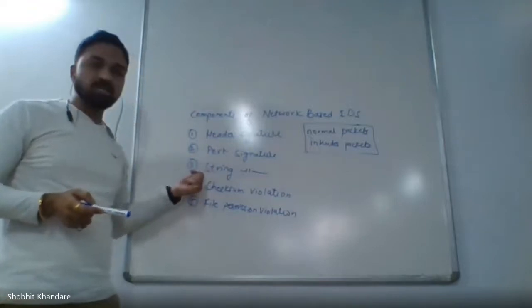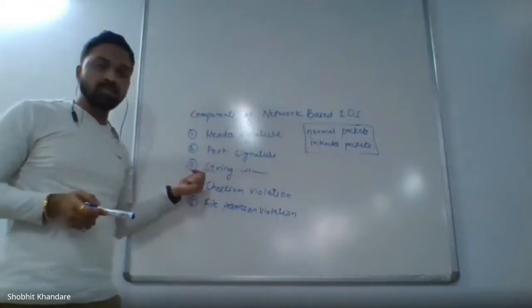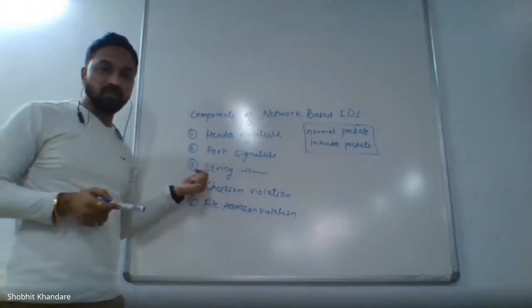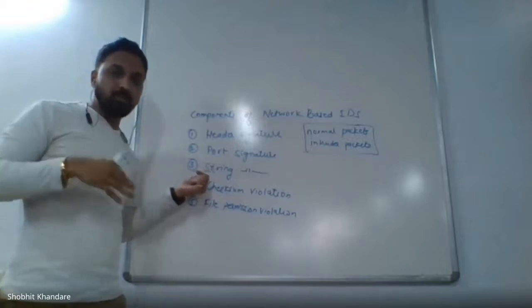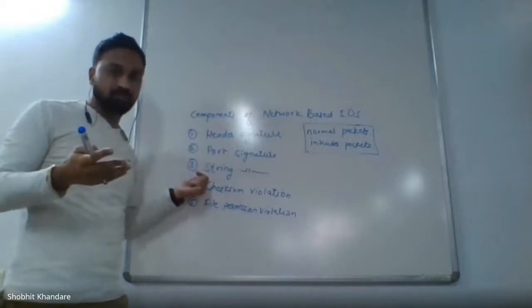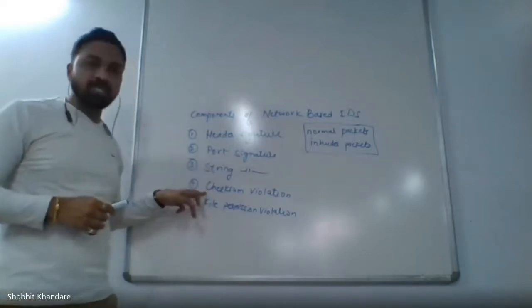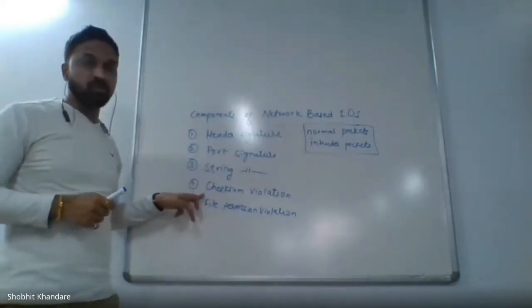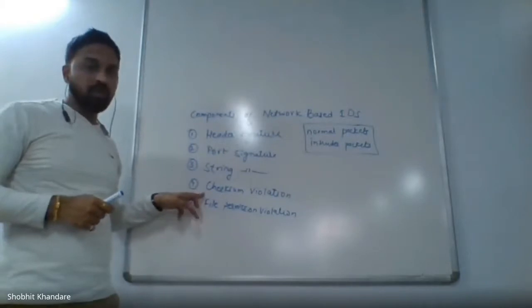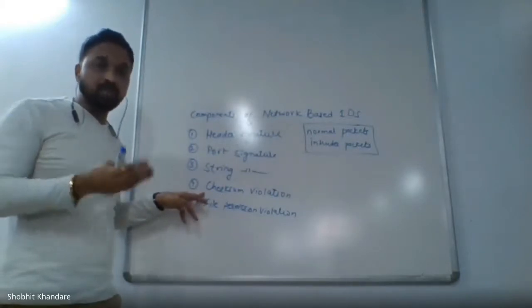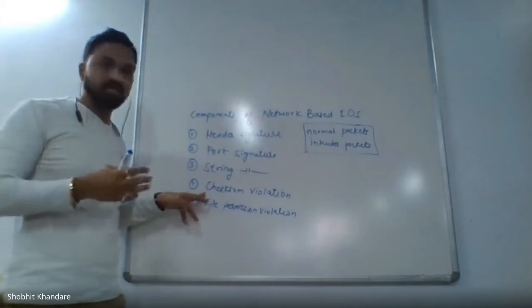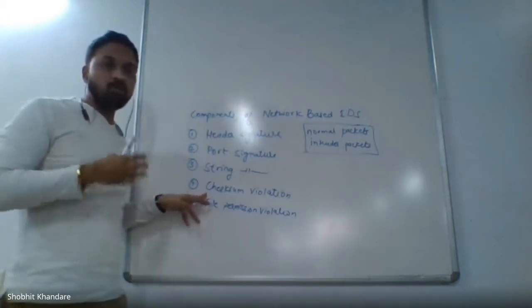Then you have a string signature. String signature will give you understanding whether the message which you are sending is numerical or string based. That is why it is called a string signature. Then you have a checksum violation. Now this is also important. Checksum is nothing but you are giving some security to the data or the packets which you are transmitting. How do you give the security?